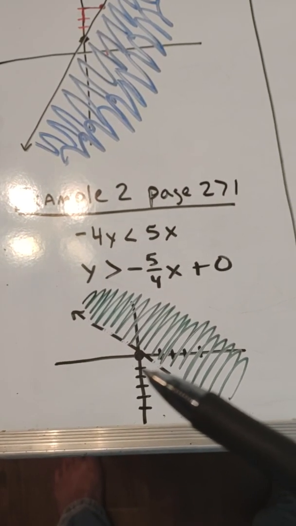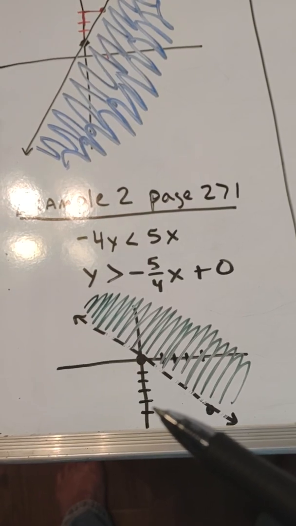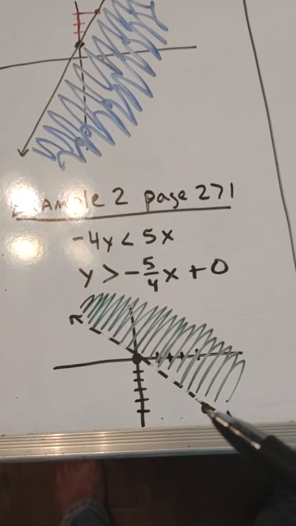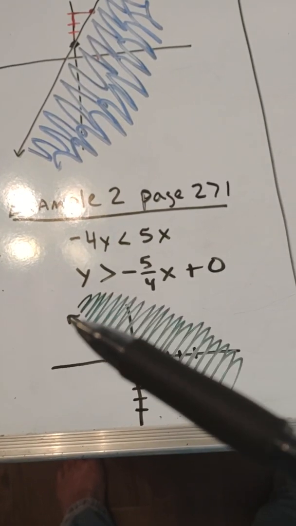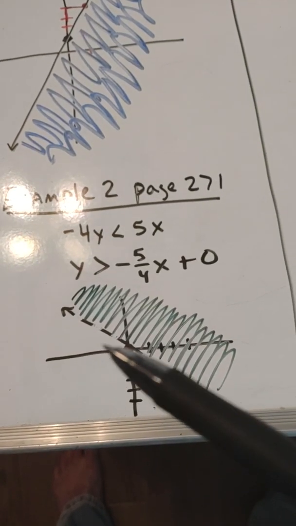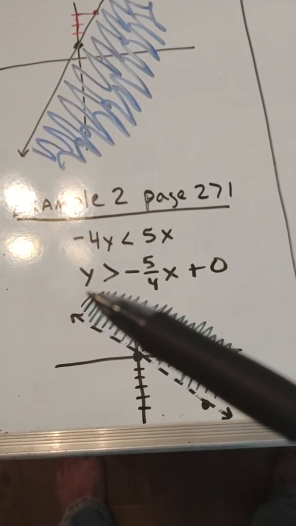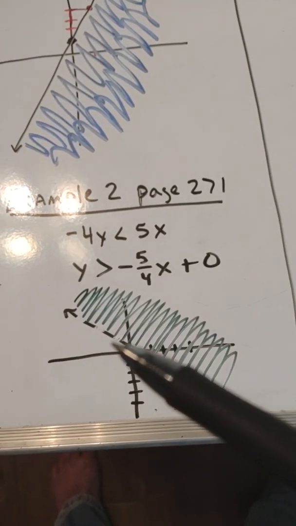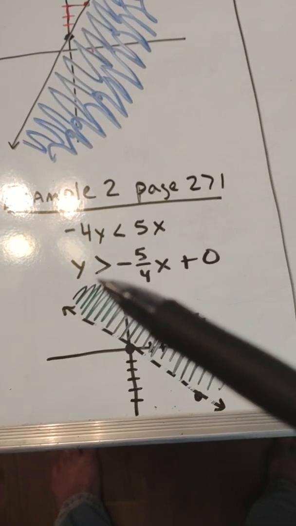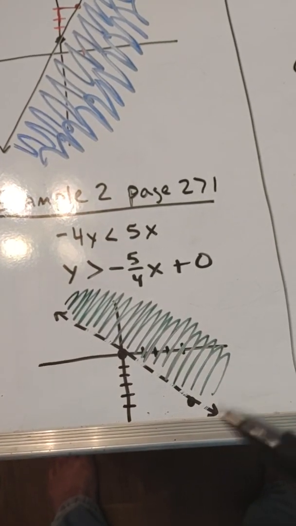I'm coming down 5 and over 4. There's my second point. Because this is greater than, it's a dashed line. And because we're looking for all the y's greater than the line, the y's above the line, that's how we're shading that.